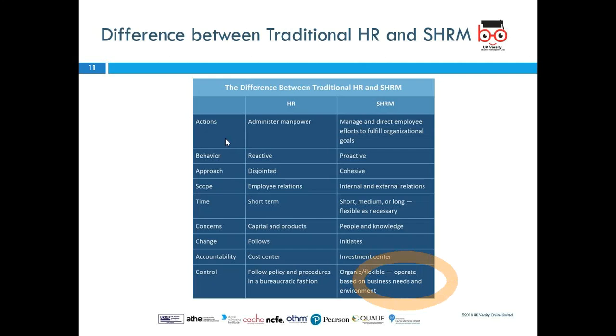Sorry, what's the difference between an investment center and a cost center? Accountability? So if you are a manager of a department, right, you will have a budget to run that department.